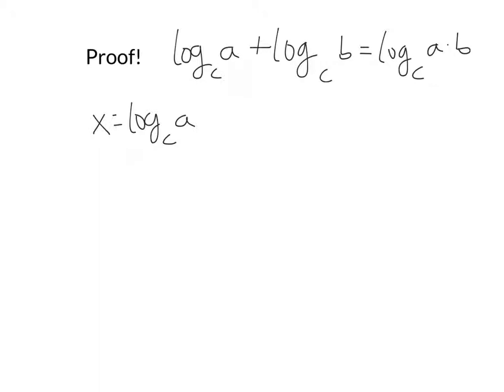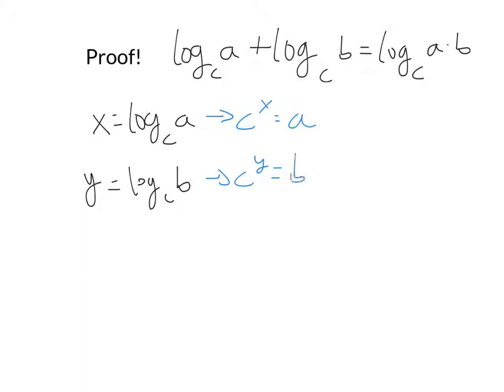And that, on the other hand, y is equal to log base c of b. I'm just renaming things. Now, if this is the case, this implies automatically, by the definition of what a logarithm is, that c to the power of x is equal to a. And similarly, that c to the power of y is equal to b.